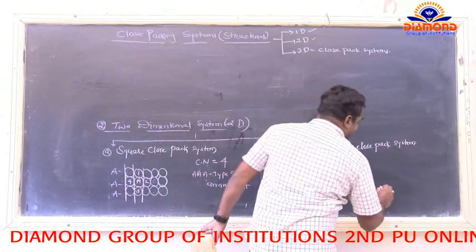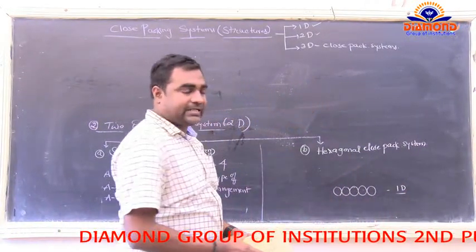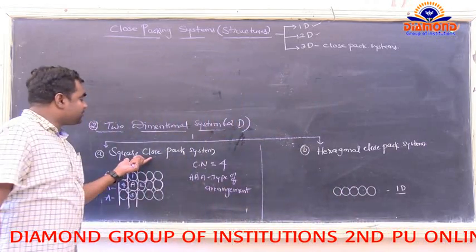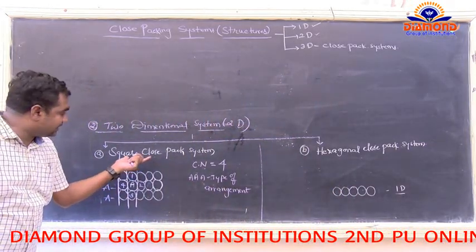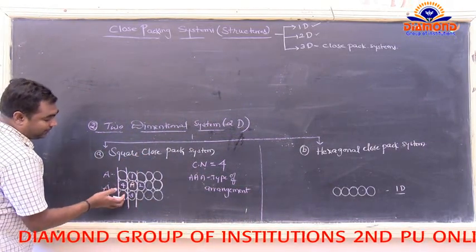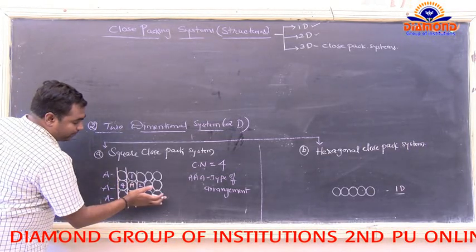First we have to consider the one-dimensional system like this. So it is a one-dimensional system. In the square closed pack, already we discussed in the earlier classes. Here one atom is present. So it is the row.